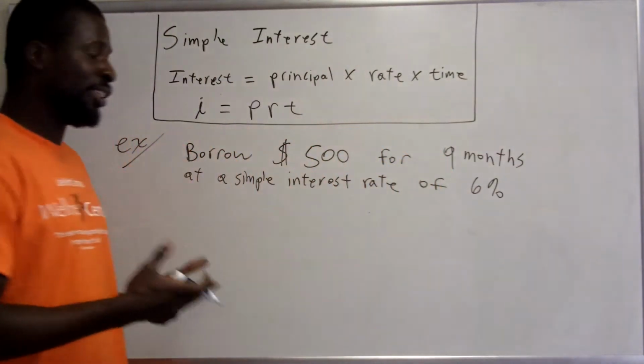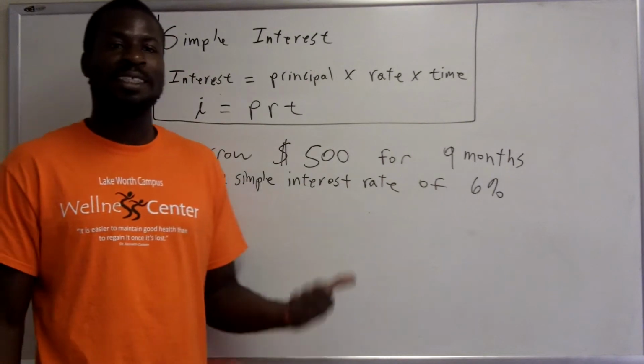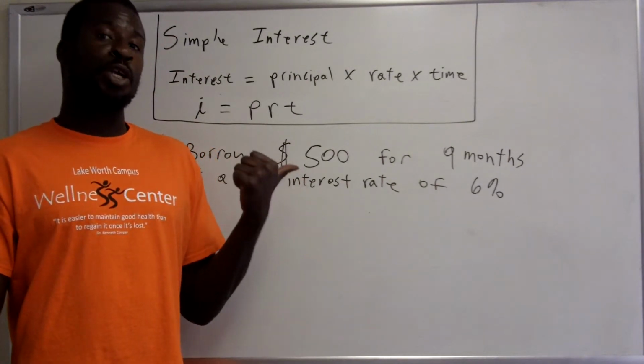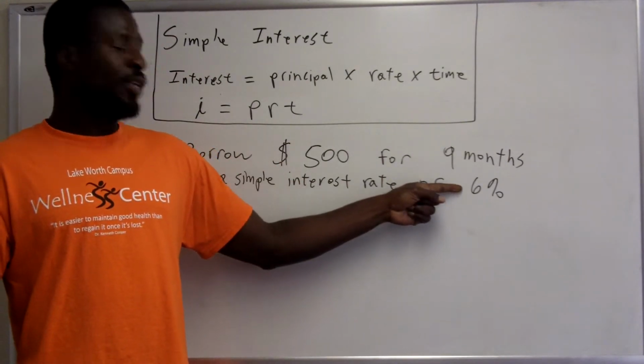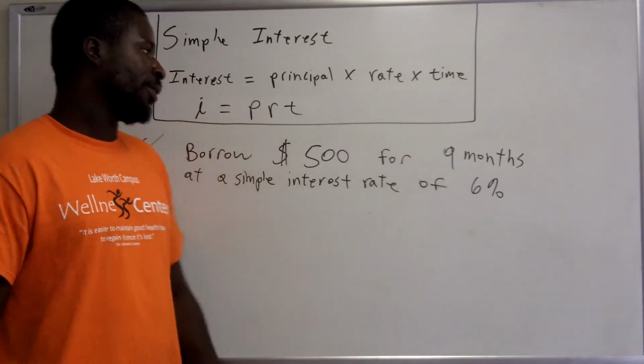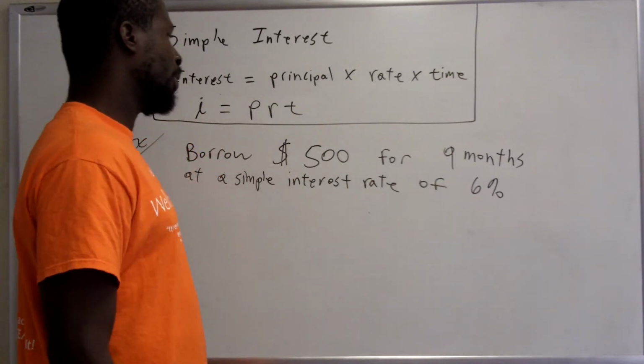And since the 6% is just given as 6%, you have to assume that 6% is 6% per year. So this is the annual interest rate, the yearly interest rate. So, simple interest rate of 6%.